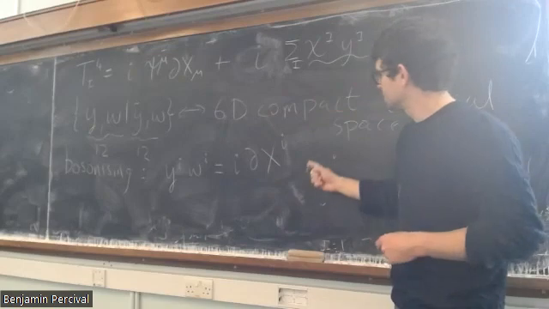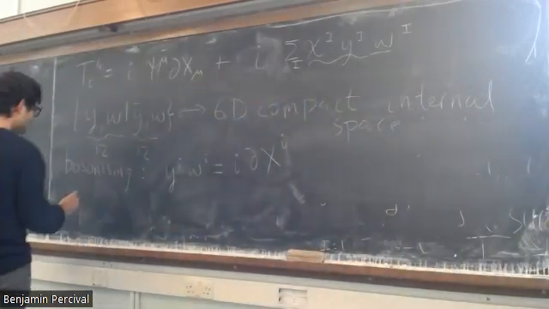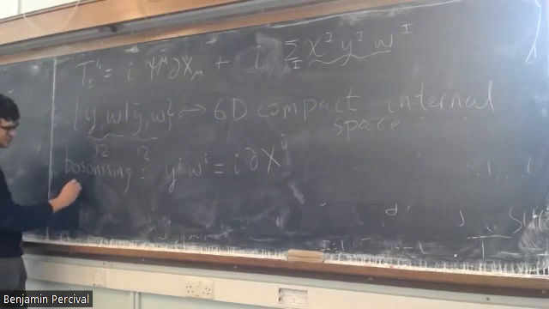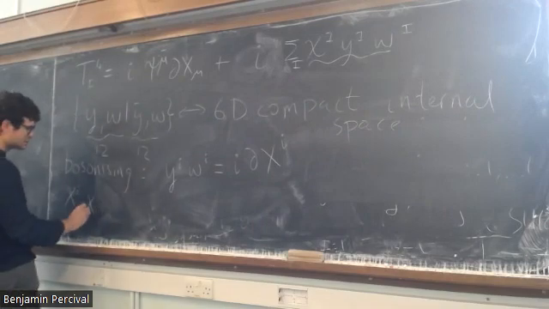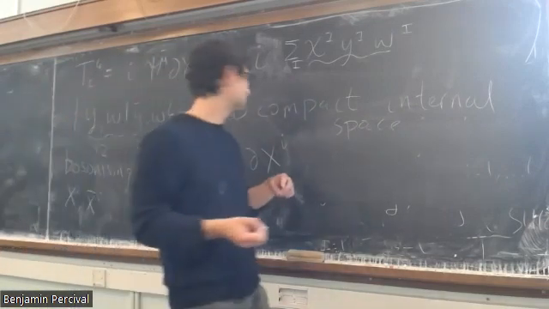Okay, so we can actually get 6 bosonic fields on each side through this bosonization.